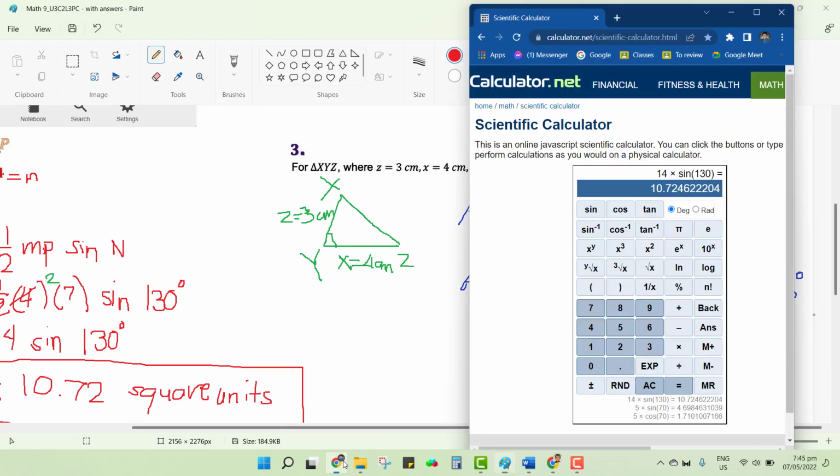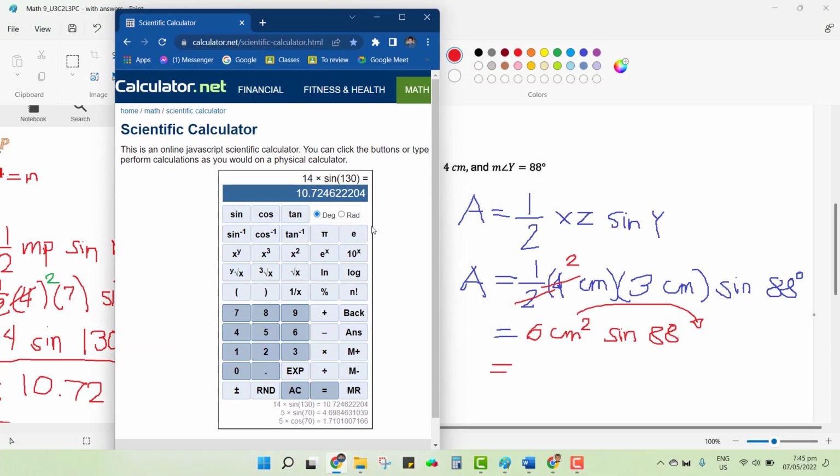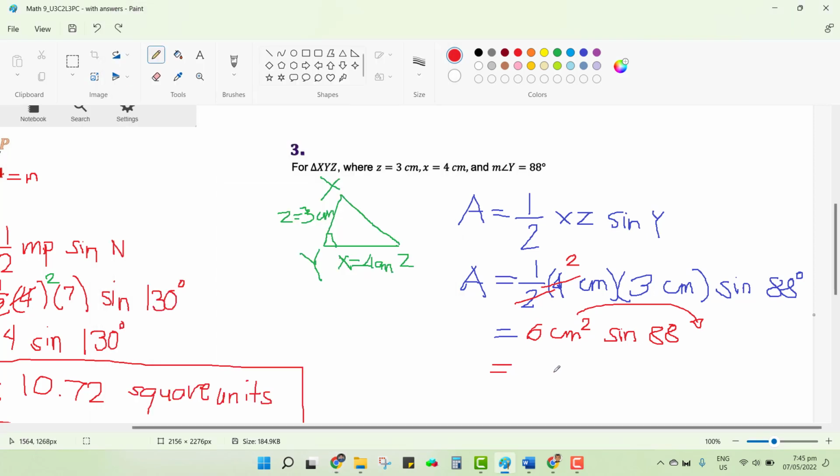Using the calculator, no need to input centimeter square, because that's a unit. So that's actually 6 sine 88 equals, you will have 5.99, but luckily as we round it off, you will have here approximately the area, which is approximately 6.00 square centimeters.